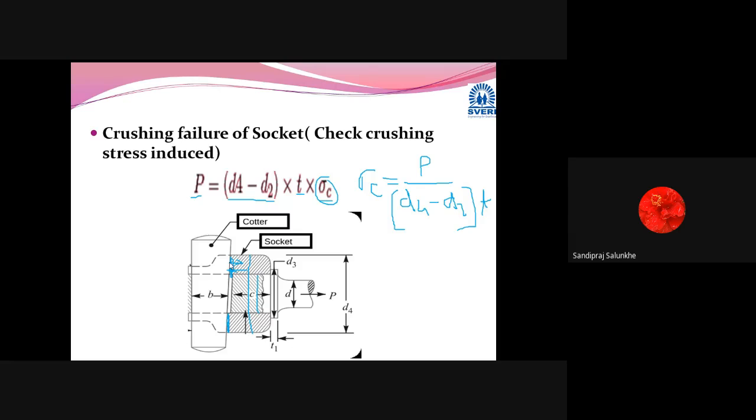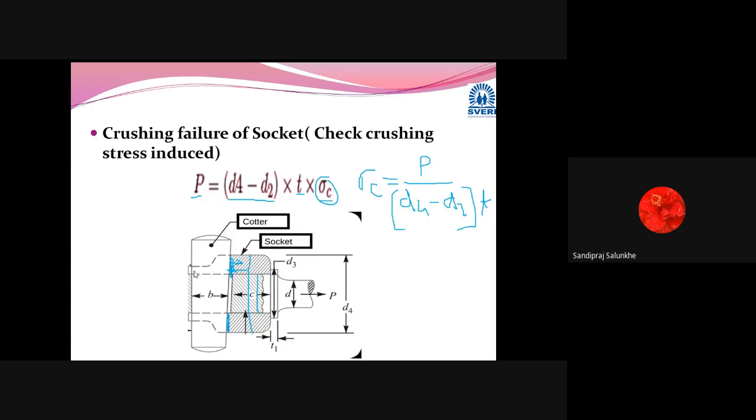Everywhere, at any point, this force P is applied on this cotter joint, not more than that, not less than that. So when we apply this tensile load, everywhere we have to consider that this tensile load is sustained, passed by means of this rod to the collar, then afterwards it will go to the cotter, then afterwards it will go to the socket.